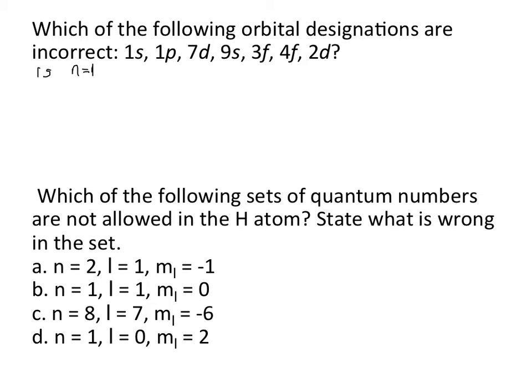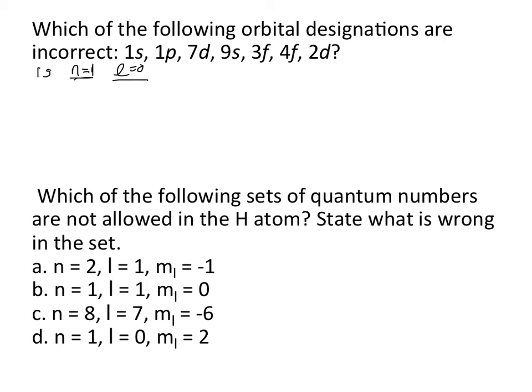Now, an s orbital is going to correspond to an L equals 0 value. We've discussed this in the previous slides. Is this L equals 0 a possibility given our principal quantum number?